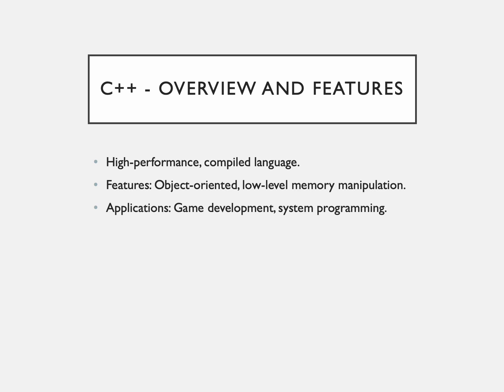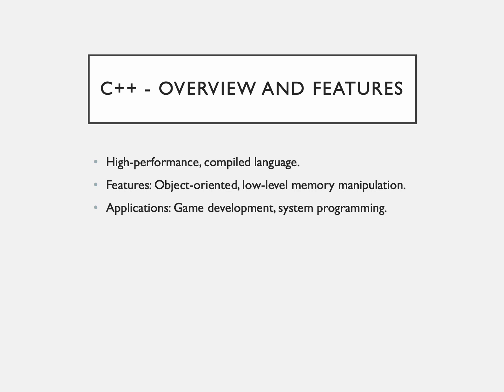So it is a high performance compiled programming language that was developed by Stroustrup in the 80s as an extension of the C language. The goal was to combine the efficiency of C with the flexibility of object oriented programming.